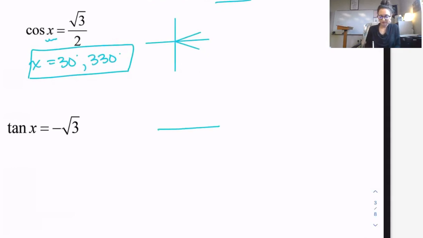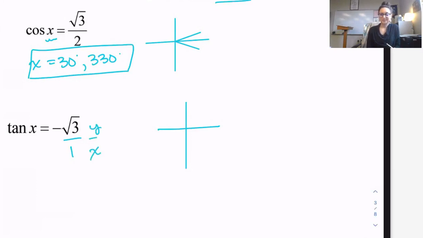Again, let's think about what quadrants we would be in as well as which axis we would be closer to. What quadrants is tangent negative in? Tangent is negative in 2 and 4. And remember that this is technically square root of 3 over 1, and tangent is y over x. Which one's larger, square root of 3 or 1?